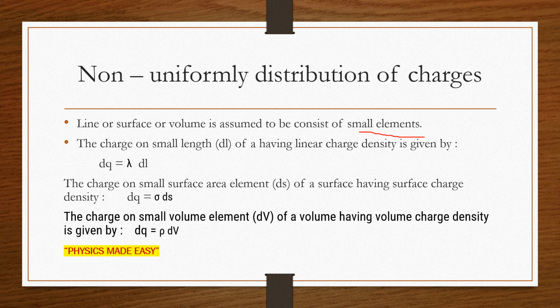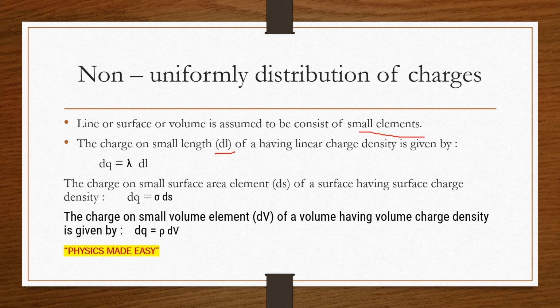The charge on a small length element dl of a line having linear charge density lambda is dq equal to lambda into dl, whereas the charge on a small surface area element ds of a surface having surface charge density sigma is dq equal to sigma into ds.